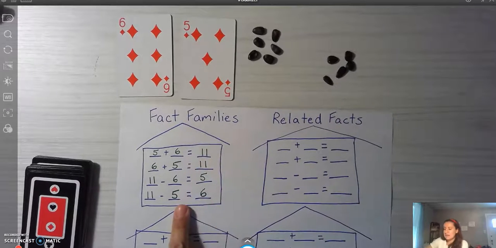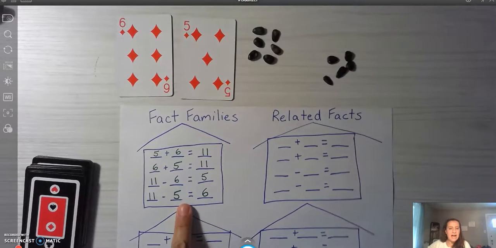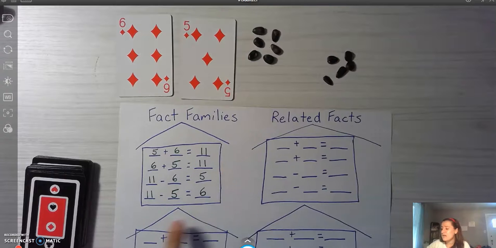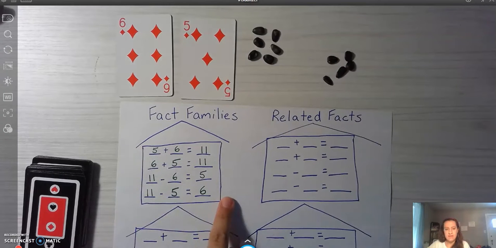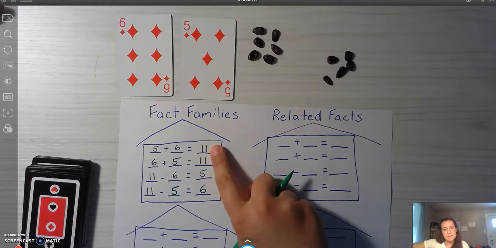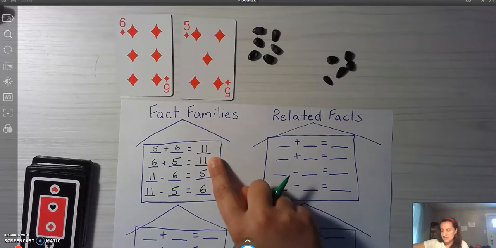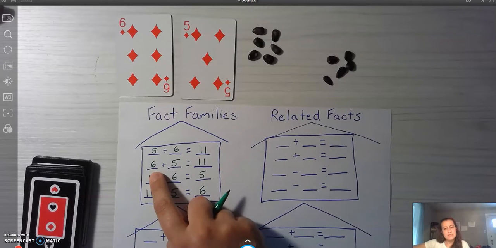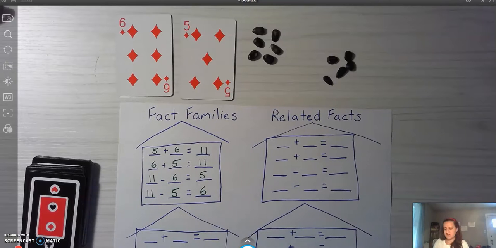So if you take a look at my completed fact family, I use the same 3 numbers for all of them. I just move them around. In the addition problems, the biggest number comes last. In the subtraction problems, the biggest number comes first.